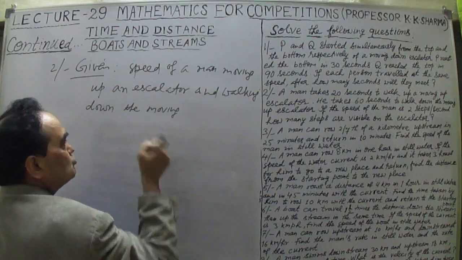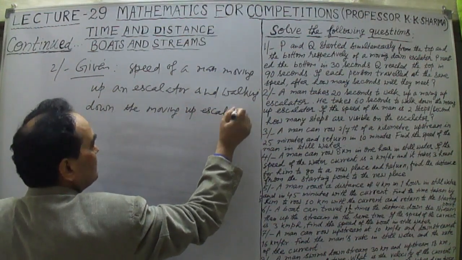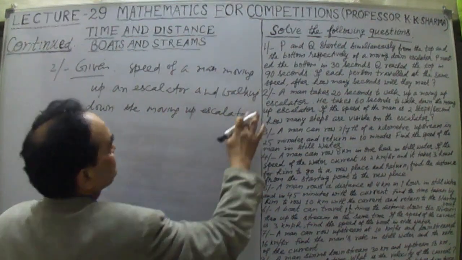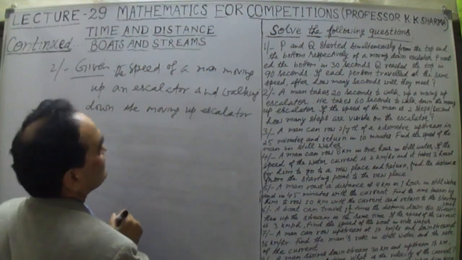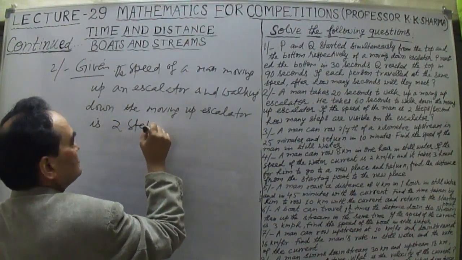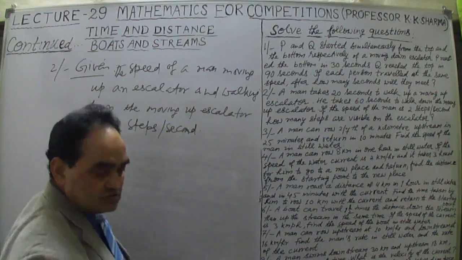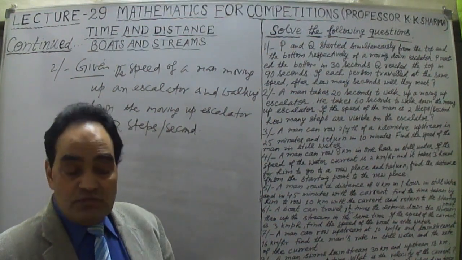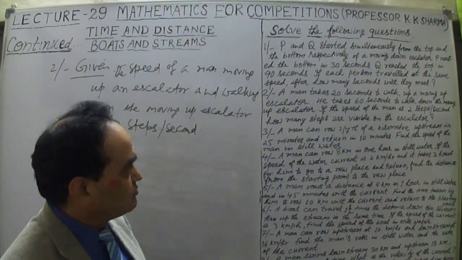That is the important point here. His speed is given: 2 steps per second. This is the speed of the person, either he is moving up or coming down. The escalator in this case is moving up only. Both conditions are given for that man.